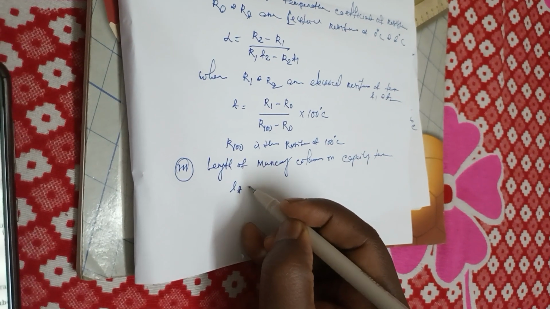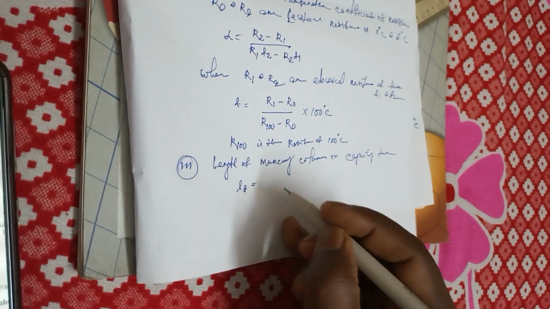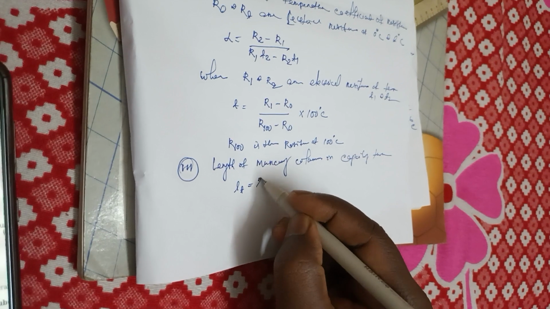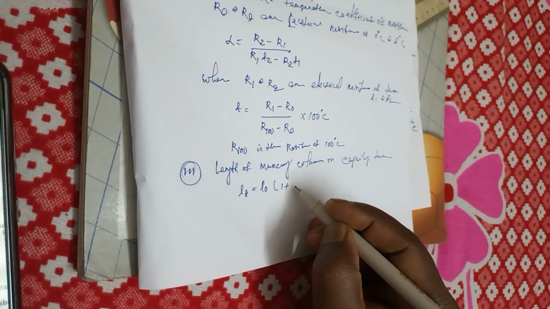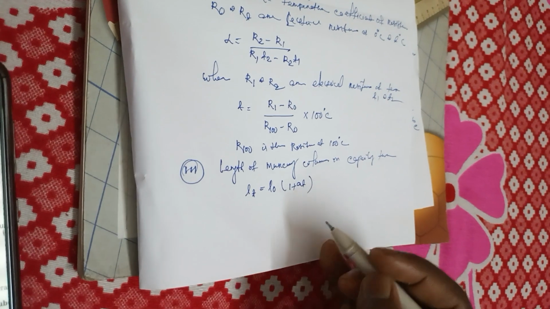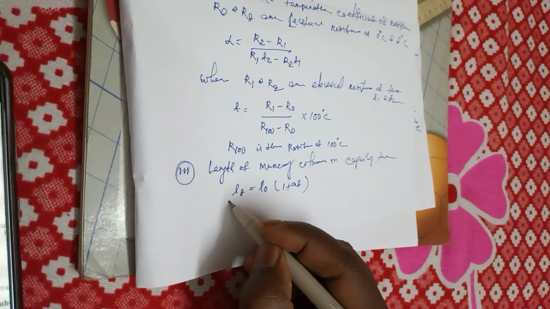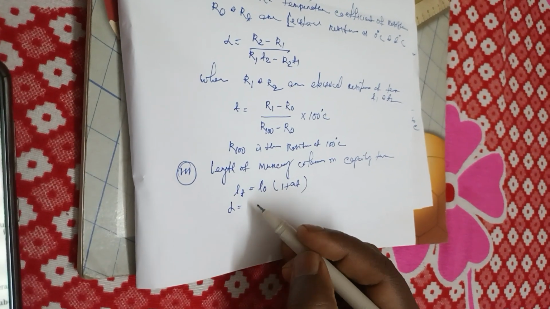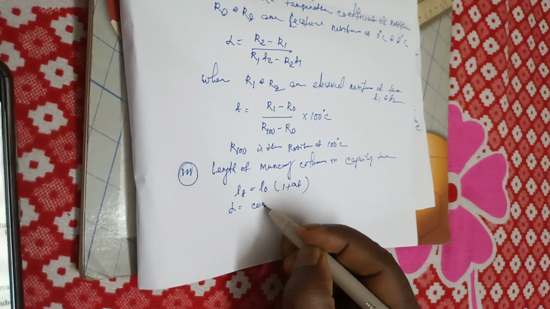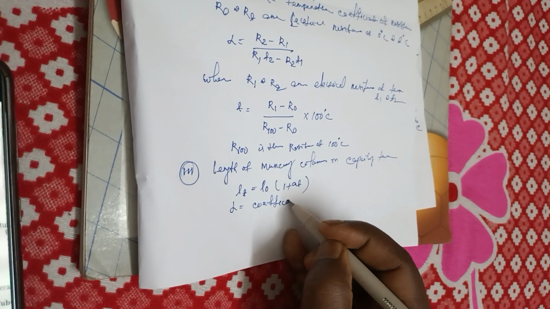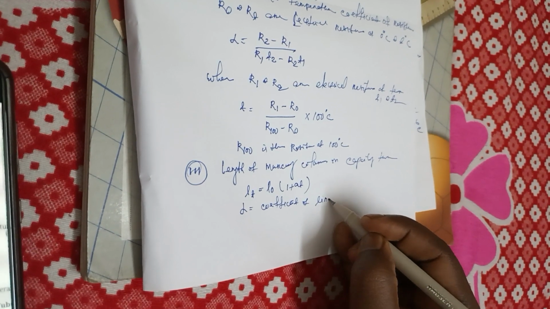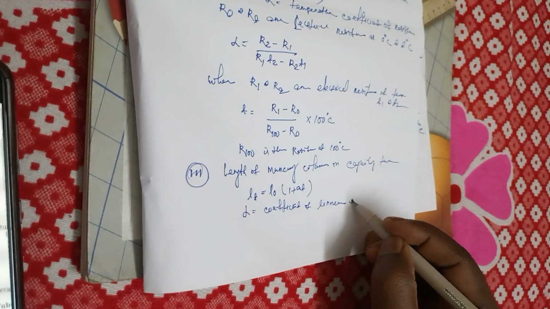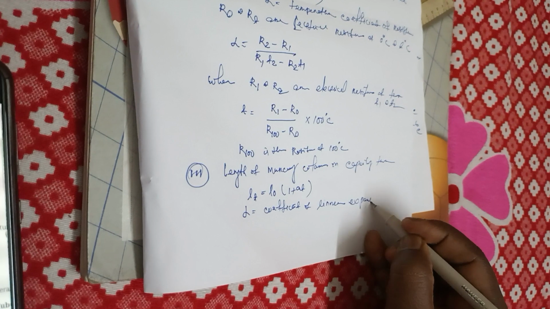Lt is equal to L0 into 1 plus alpha T, where alpha is the coefficient of linear expansion.